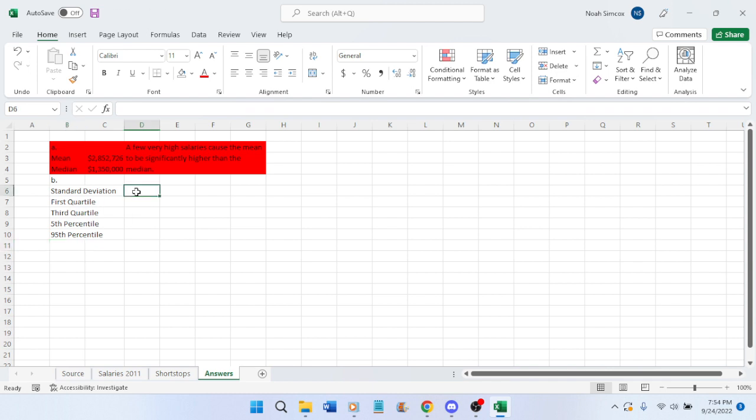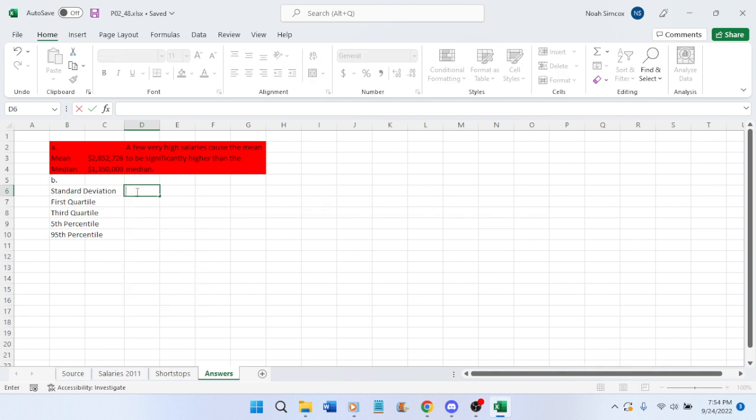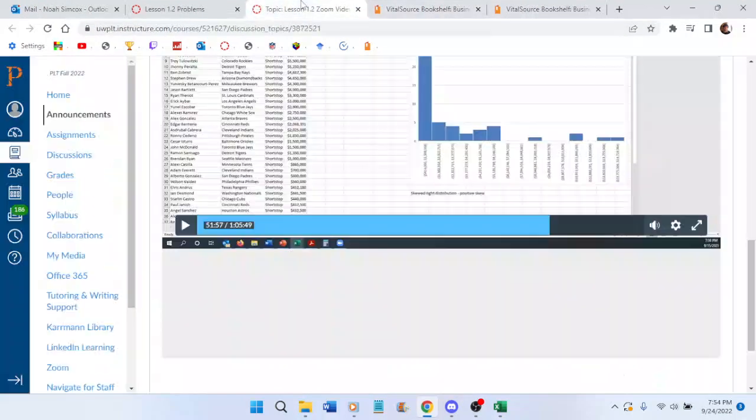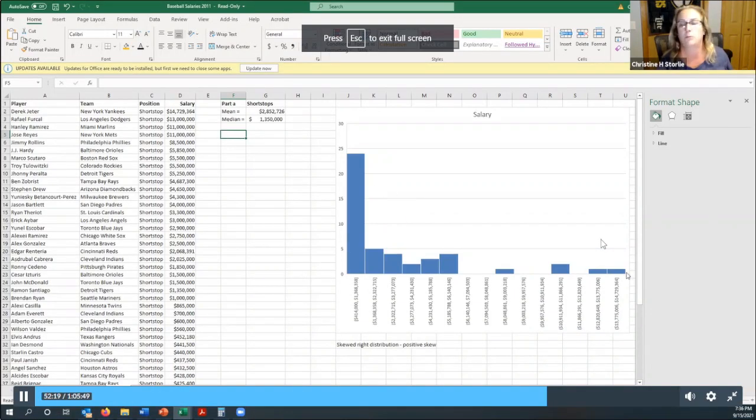Okay. Equals the standard deviation. Equals standard. No? Oh, man. Well, I have to look and see how she does standard deviation for these millions of people.